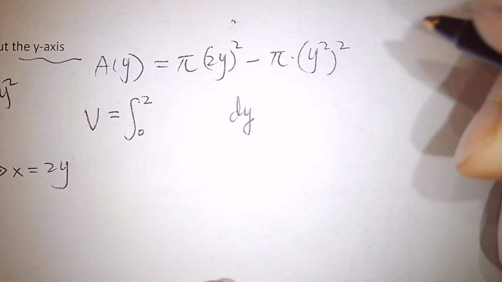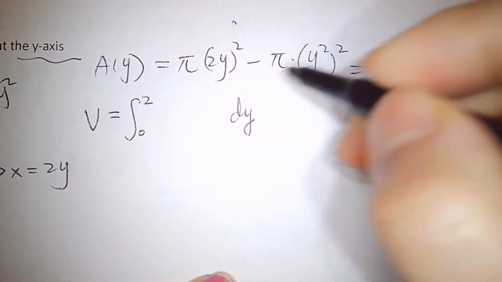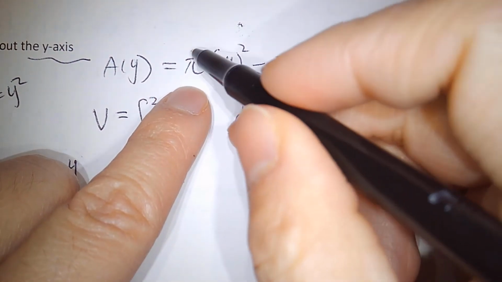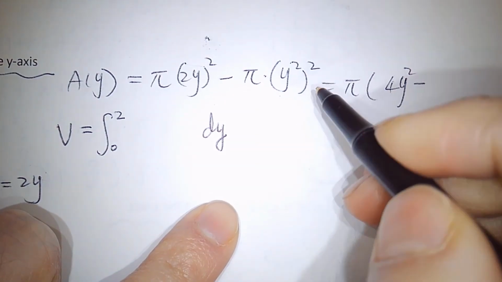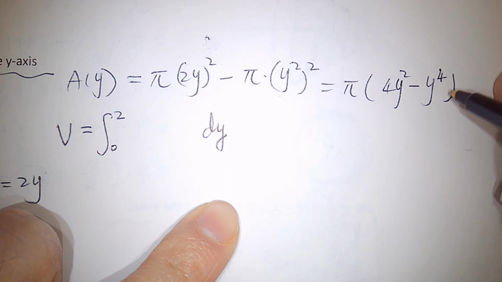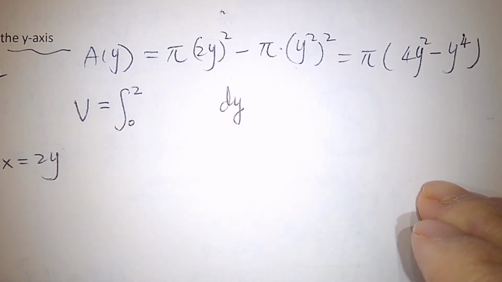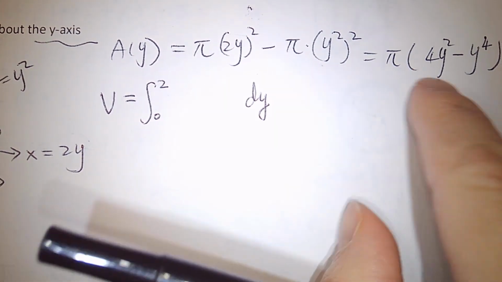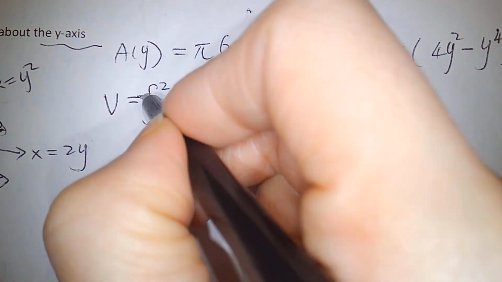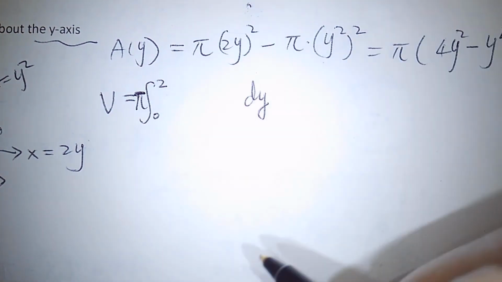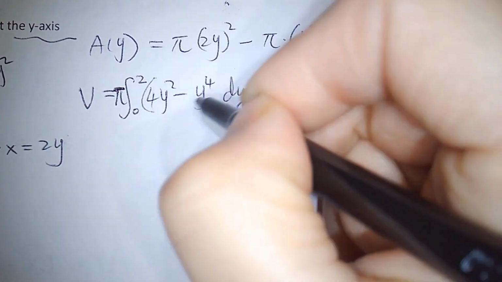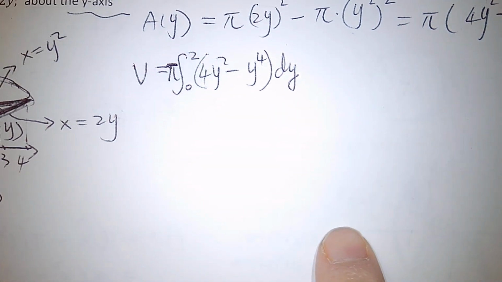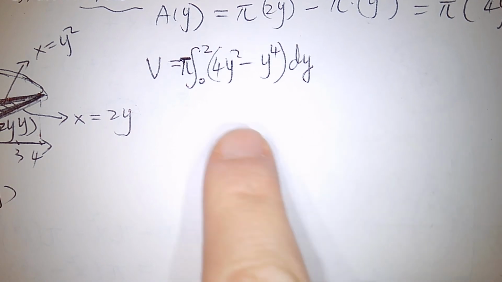So that gives us pi times, I pull this pi out, 4y squared minus y to the 4th power, right? Now we put this A of y back into the formula. This is pi times the integral of 4y squared minus y to the 4th dy. Alright, let's integrate that.